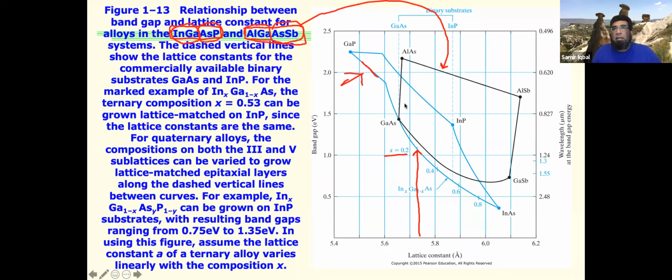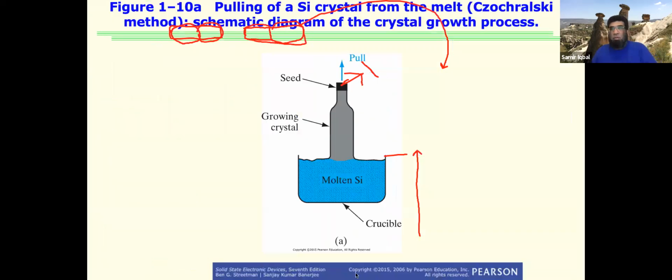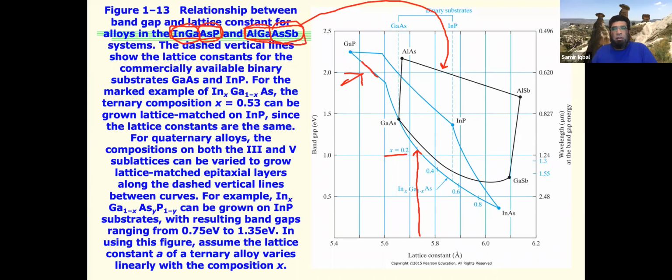When you do that, your lattice constant is changing. So all the way from here, if I were to put a line there, all the way from here, the lattice constant is something like 5.46 here.